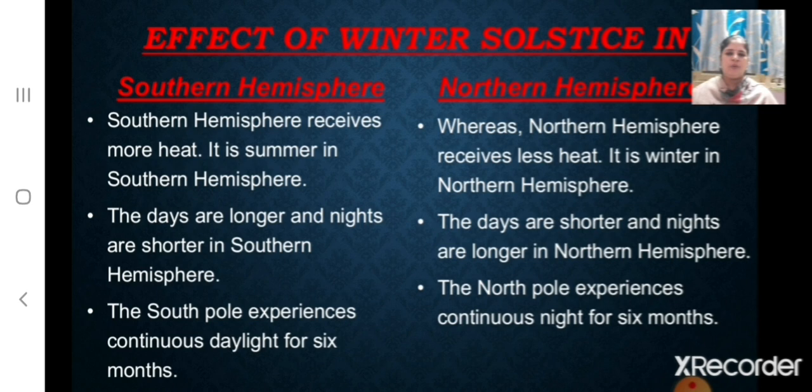And the South Pole experiences continuous daylight for 6 months, whereas the North Pole experiences continuous night for 6 months. So, this is the effect of winter solstice in the southern and northern hemispheres.